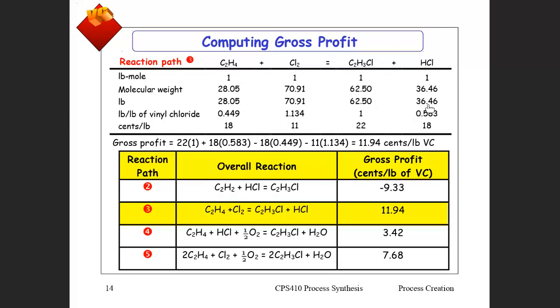We know the molecular weight. We know how many pounds. If you're starting with this number of pounds of each of these things, stoichiometric, then you'll make 36 pounds, and therefore for 1 pound of vinyl chloride monomer, you're going to make 0.58, and therefore you could work out the gross profit.